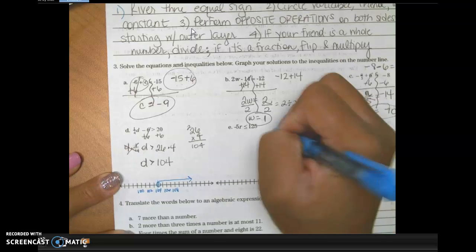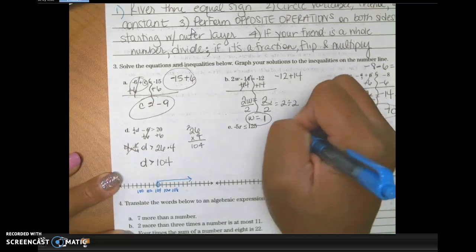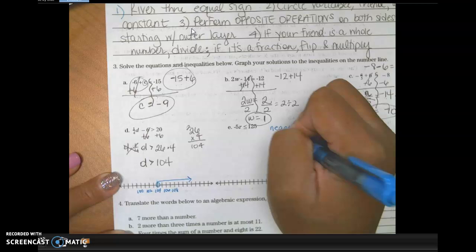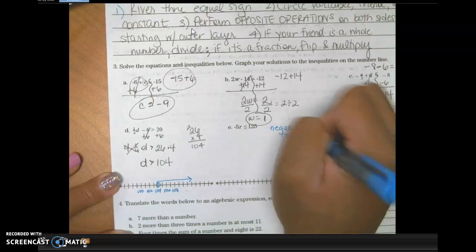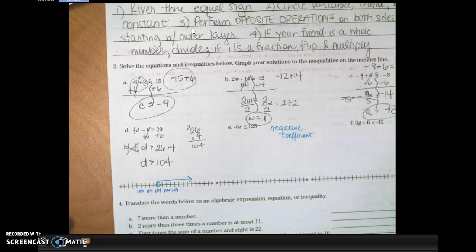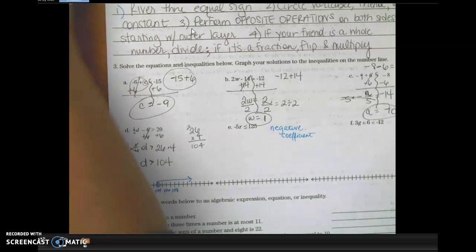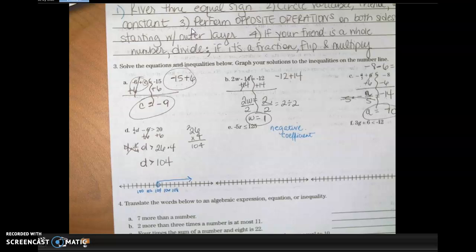Here, I have a negative coefficient. What does that mean? Divide? Nope. Don't guess. What does a negative coefficient mean?